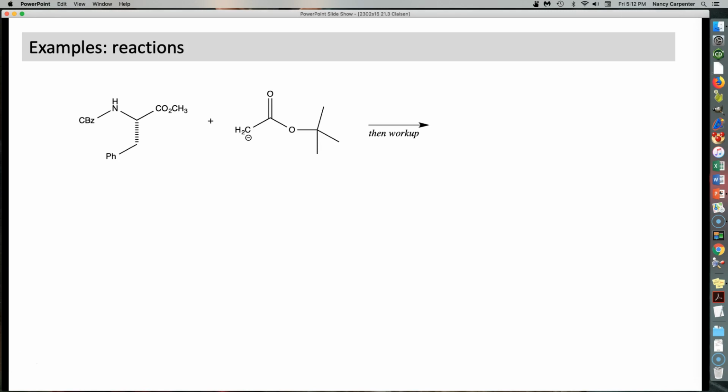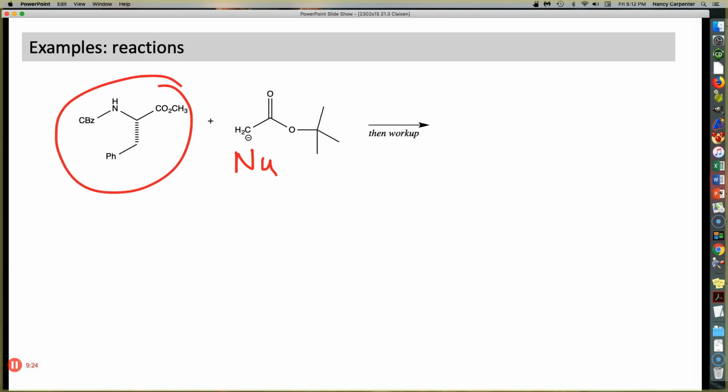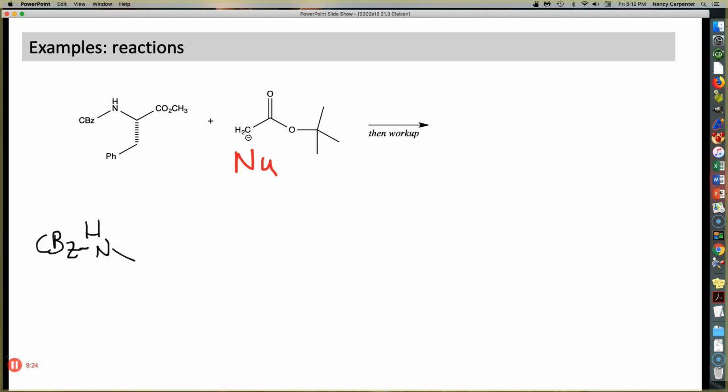All right, how about this example? Well, looks like I've already generated my enolate, so I know this is my nucleophile. What's my electrophile over here? Well, let's spell it out. I have a protected amine over here, and it looks like I have a stereocenter. But what we want to do is draw out the ester so I can see what's going on here.